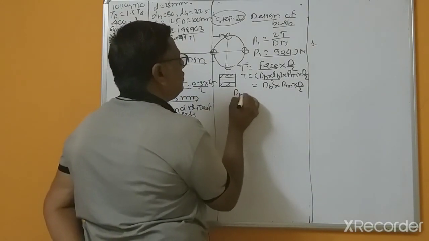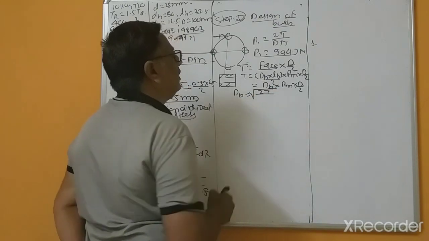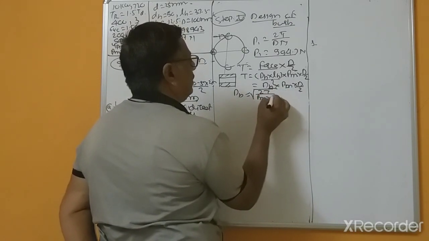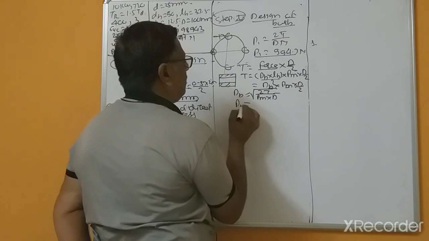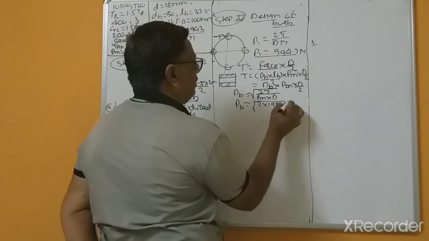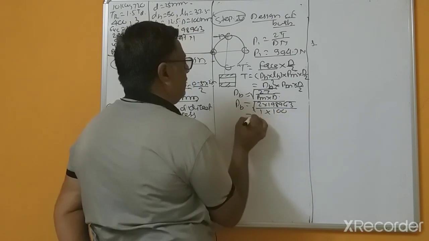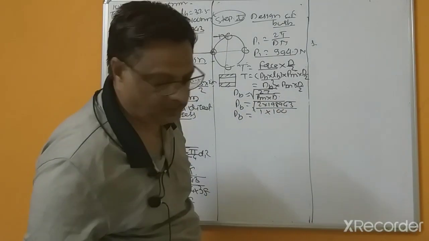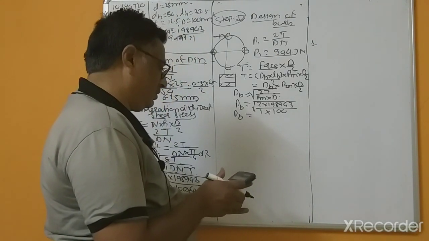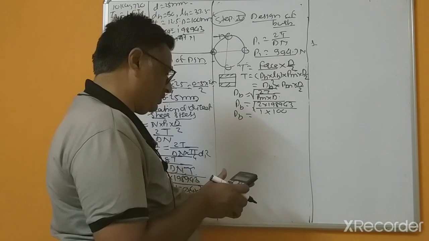So this is diameter of the bush equal to under root 2T divided by Pm into d. Diameter of the bush: 198943. This is 1 and this is 100. dB equal to... and I will check this. 198943 multiplied by 2 divided by 100, and this is under root.